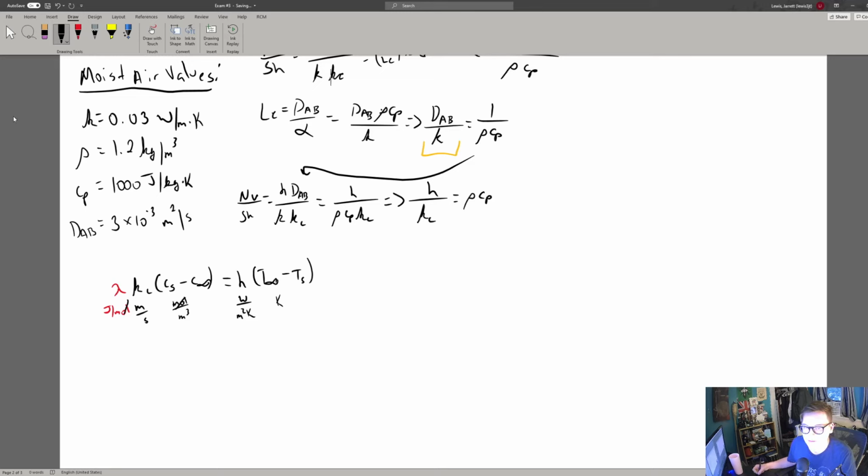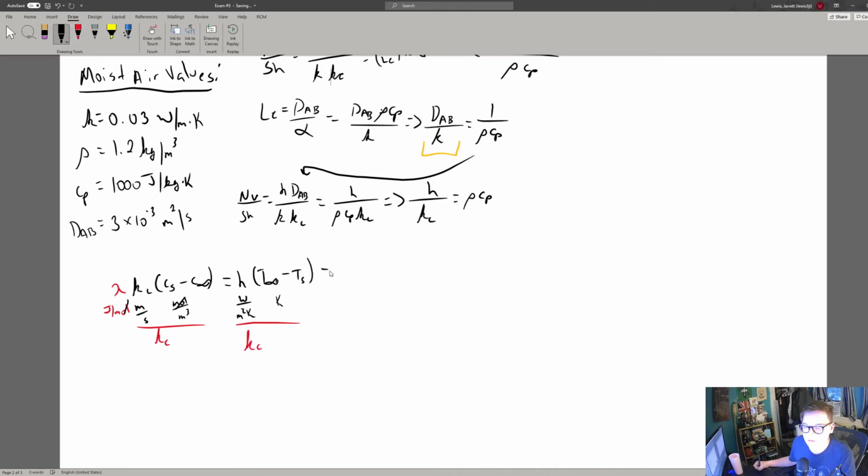And then we're going to divide by Kc, the mass transfer coefficient, on both sides.